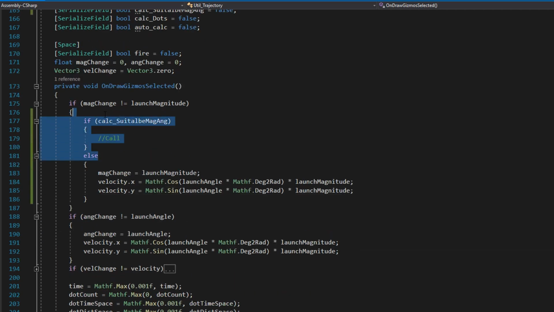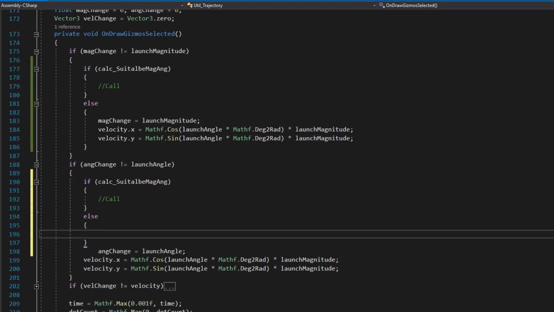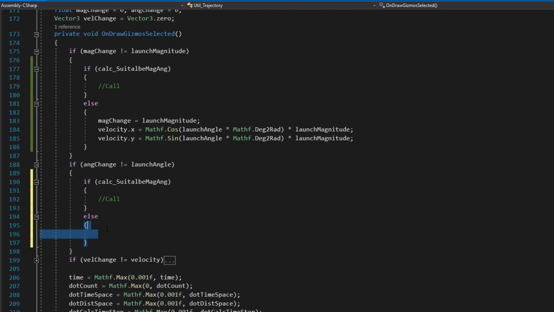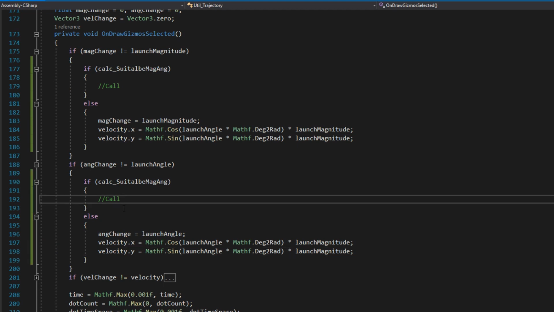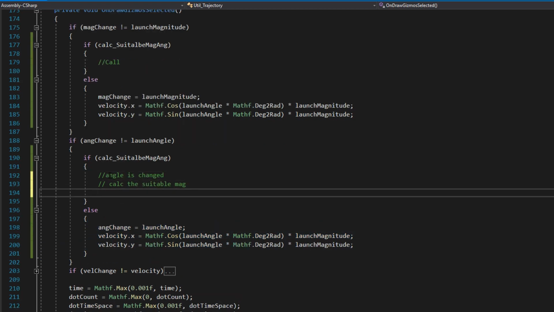Yeah, this looks right. Okay, then again we will do this. We will call our function if this is on, and if not, we're gonna keep doing what we used to do. Okay, let's call the function, and now we want a function that will return this new magnitude.